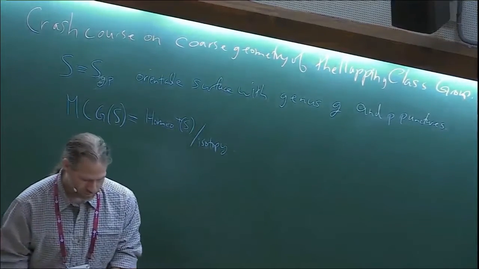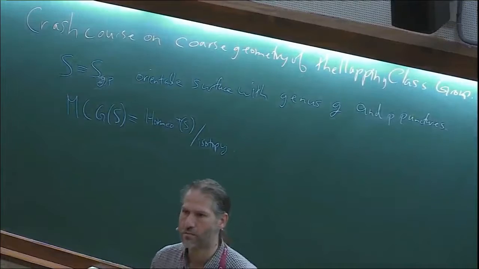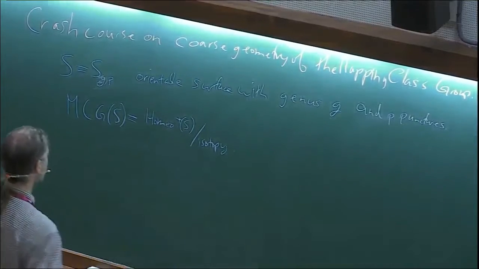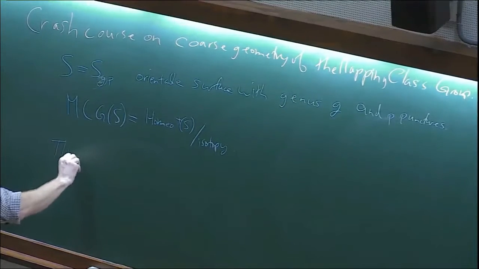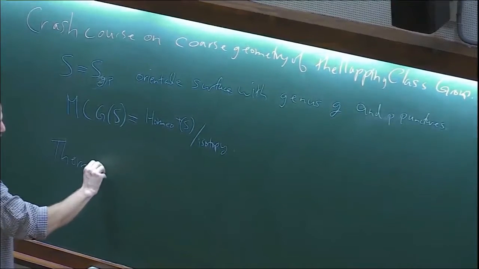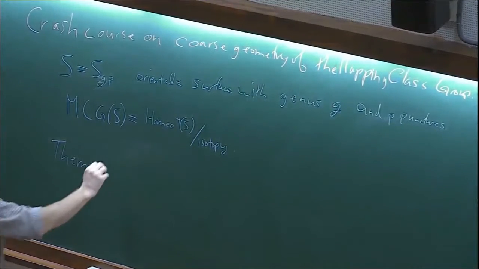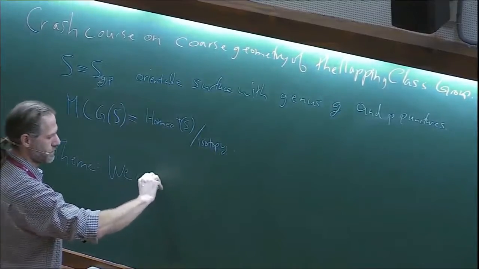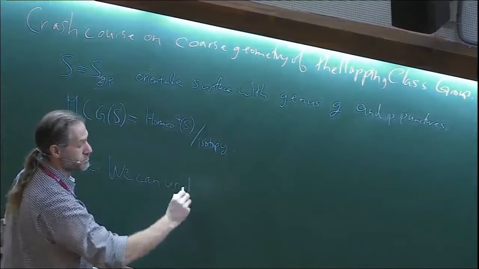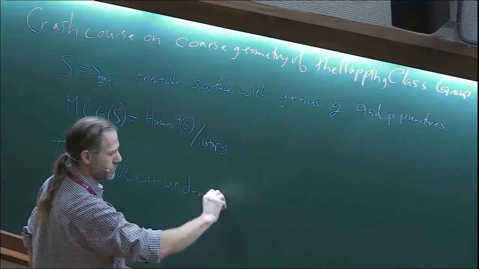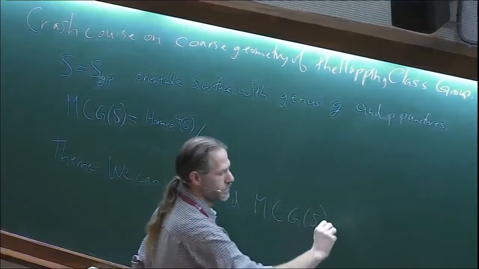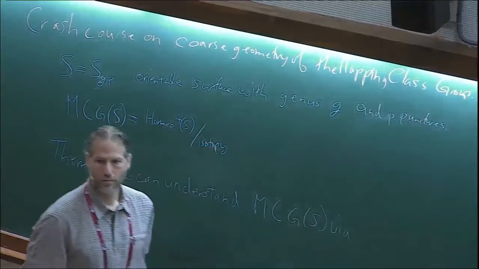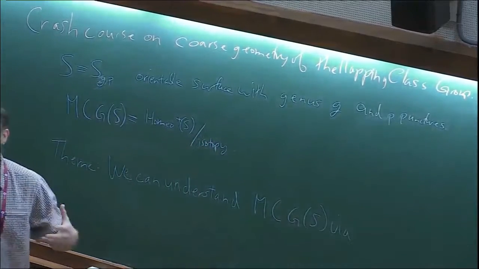And so the question is, how do we think about this? So this talk will have sort of a theme to it, maybe even a moral. The theme is the following. The theme is that we can try to understand the mapping class group via something that's a priori easier, right?